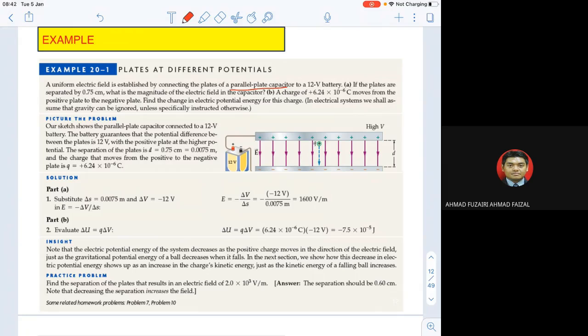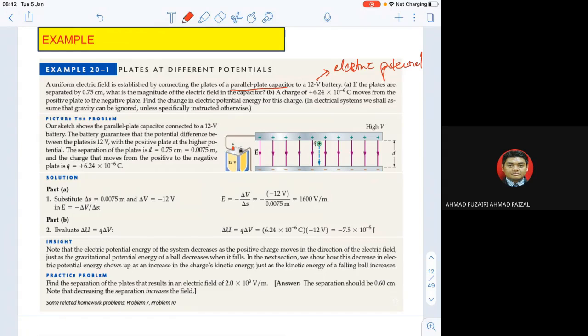So it is connected to the 12-volt battery, meaning that this is the electric potential. If the plates are separated by 0.75 centimeters, what is the magnitude of the electric field?